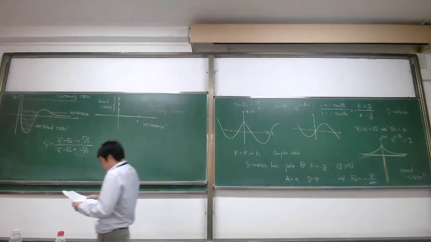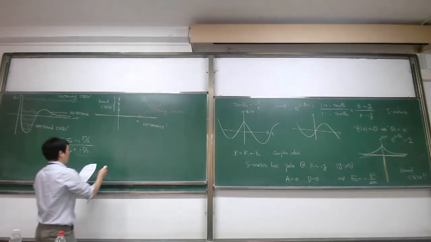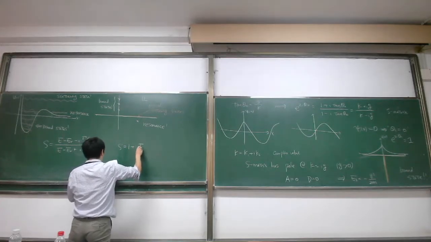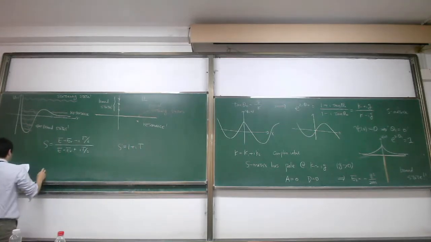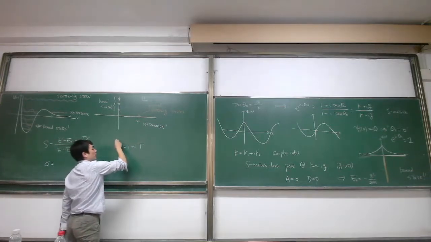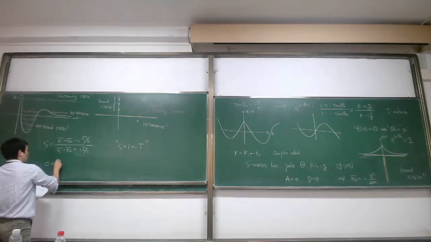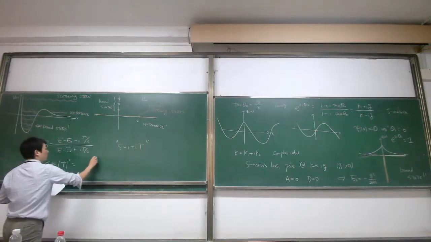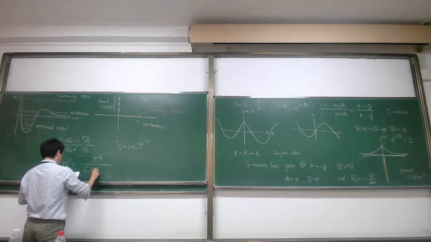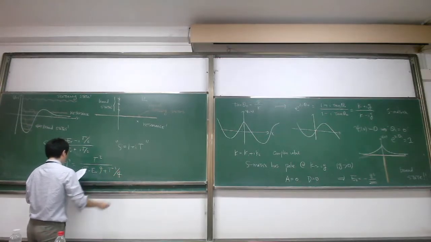And then S can be written as 1 plus iT, and the cross section sigma, I'm going to explain why this should be the case. This cross section is proportional to p squared, and Γ squared over (E minus E_R) squared plus Γ squared over 4.